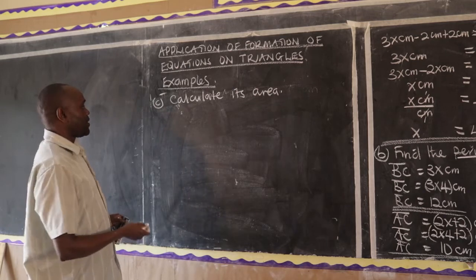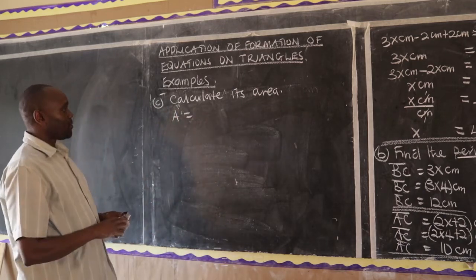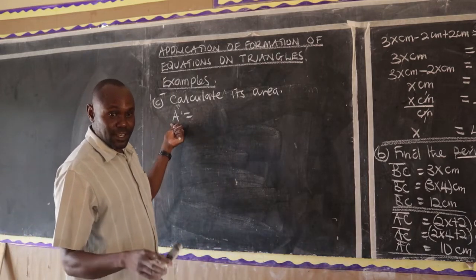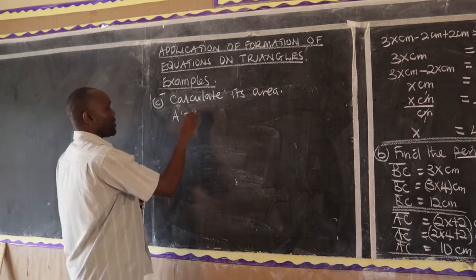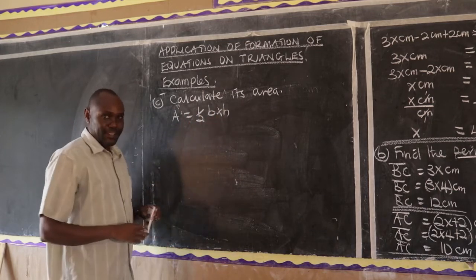Calculate its area, and we know that that is a triangle. What's the formula for finding the area of a triangle? Yes, area equals a half base times height.